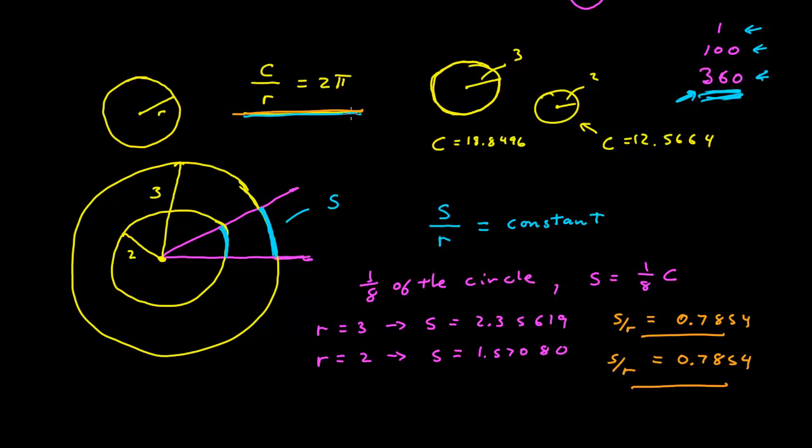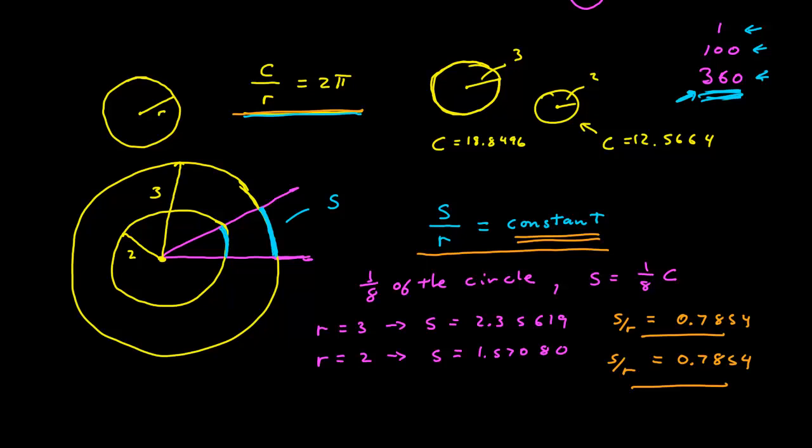For any circle, the arc length subtended by two lines over the radius is equal to a constant. So the radius of the circle doesn't matter.